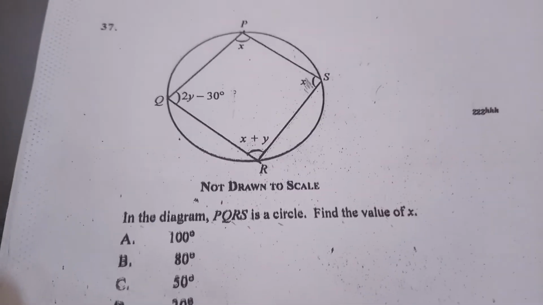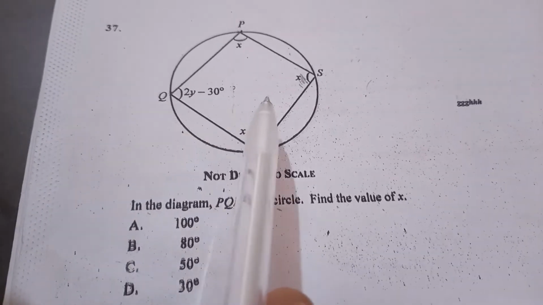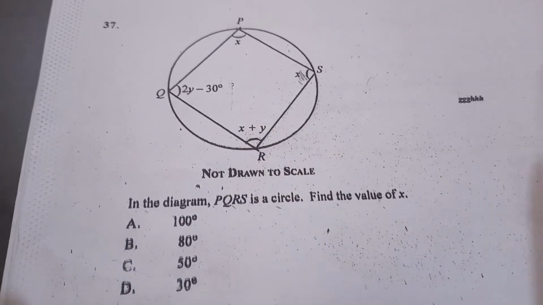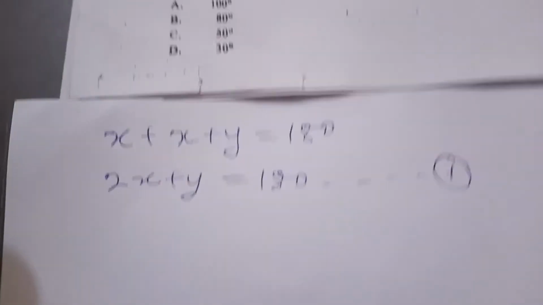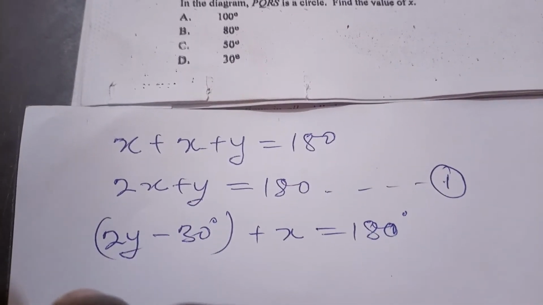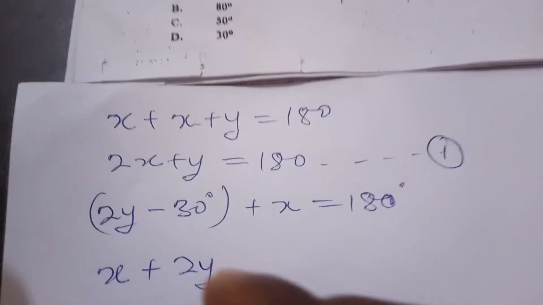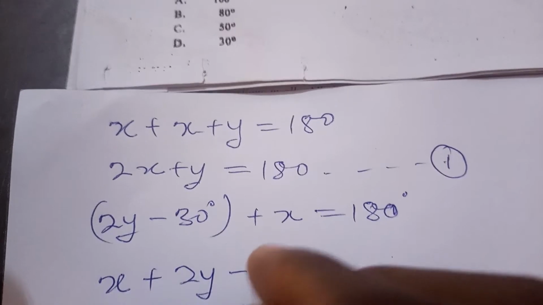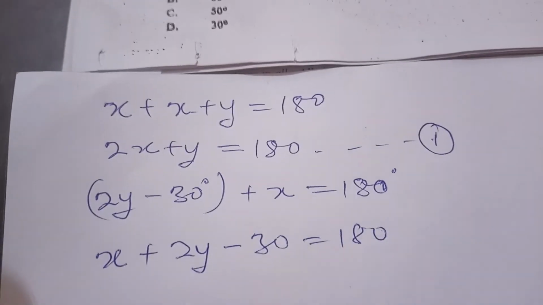So we take the other 2 opposite angles, which is 2y minus 30 degrees plus x, which will also be equal to 180. So that will give us x plus 2y minus 30 equals 180.